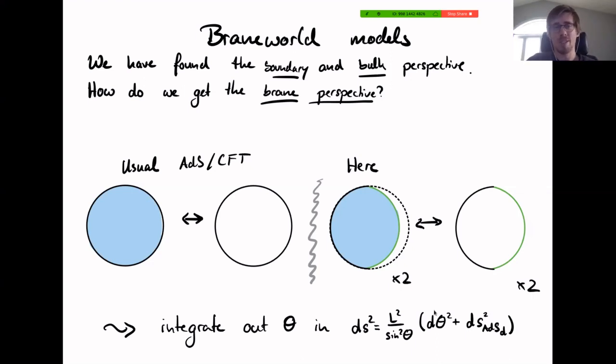Now, again, usual AdS is dual to a CFT on the boundary, and I think Krishan already pointed out that, in a way, it just seems like the brane is cutting off my AdS close to the boundary.